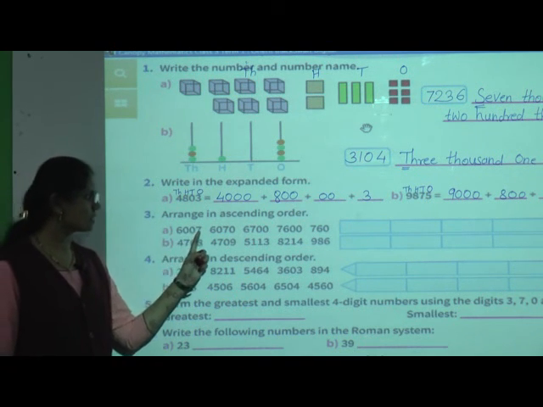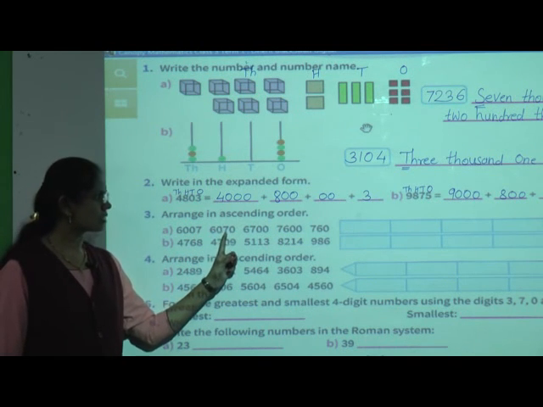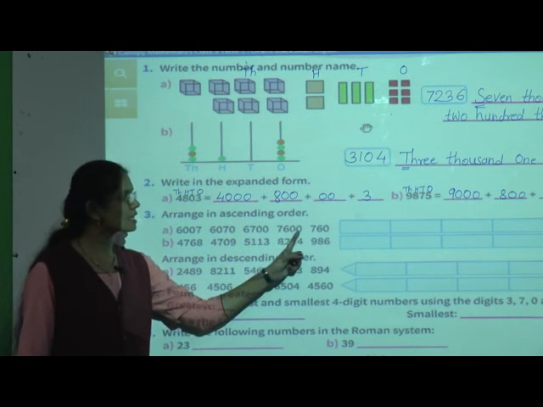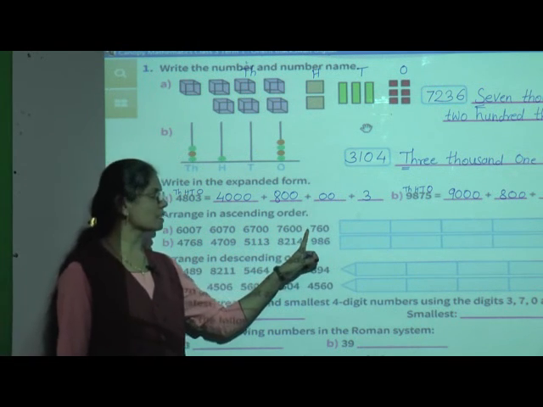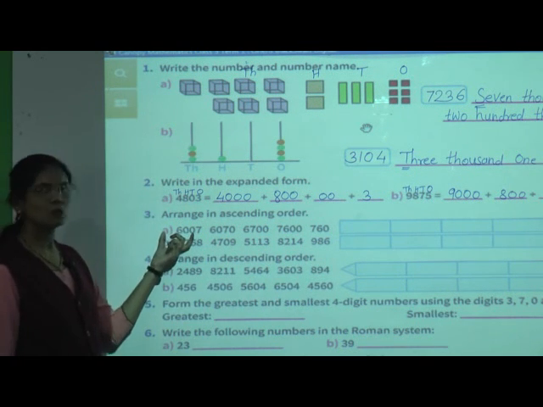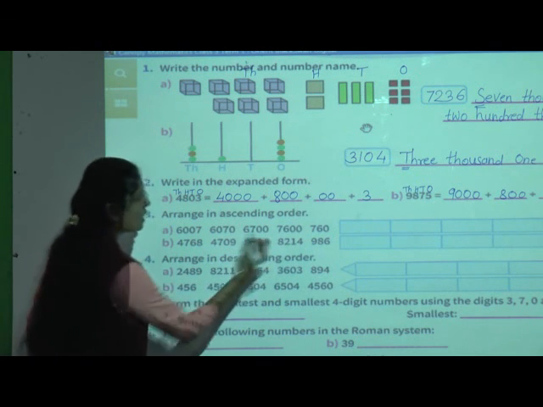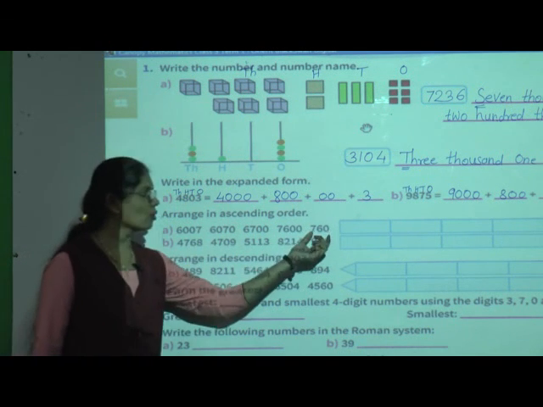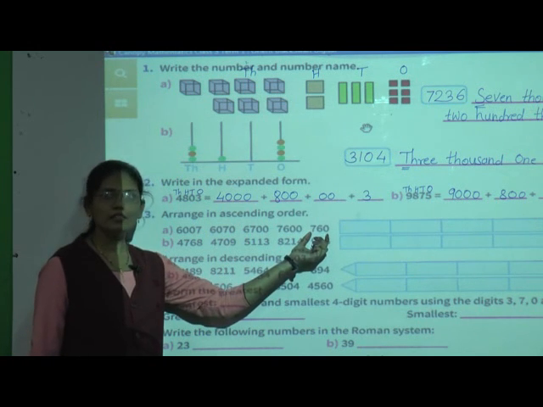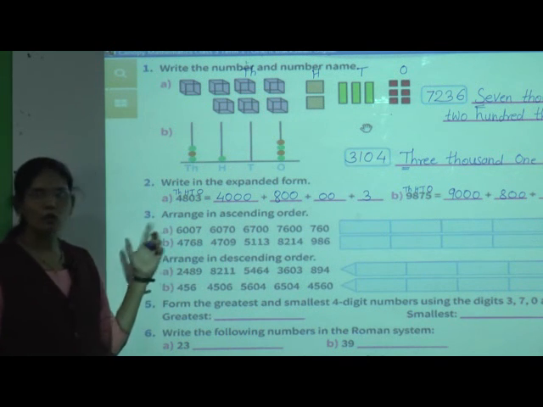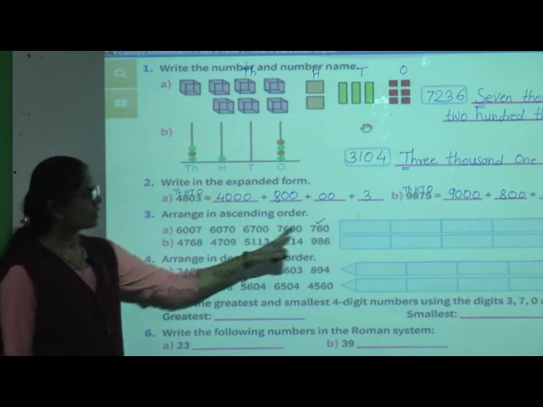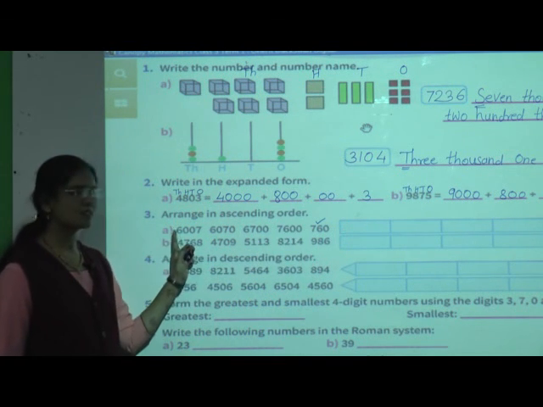First number is 6007, second is 6070, third is 6700, fourth is 7600 and the last number is 760.